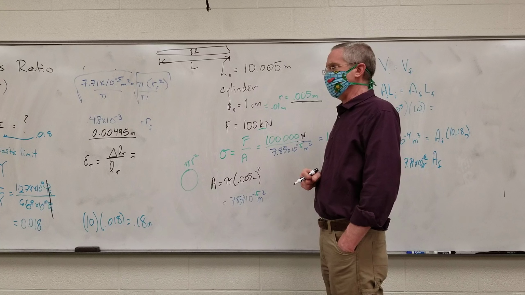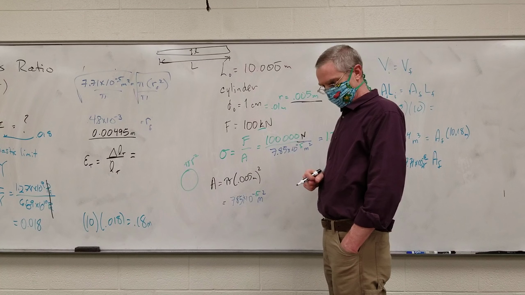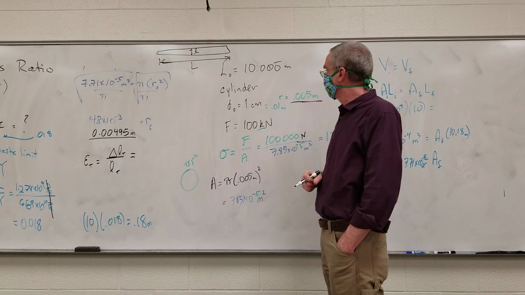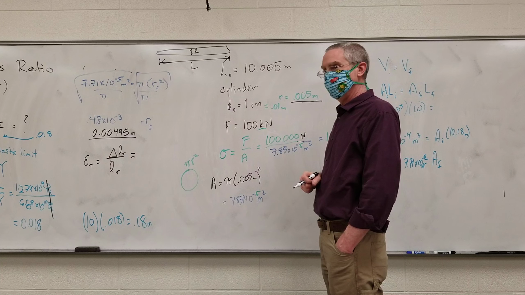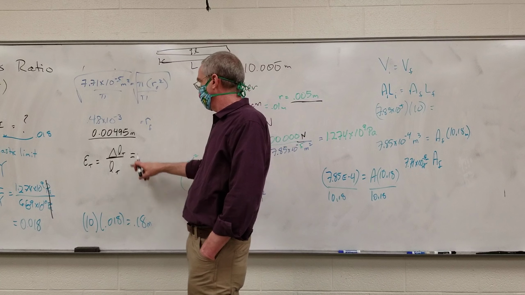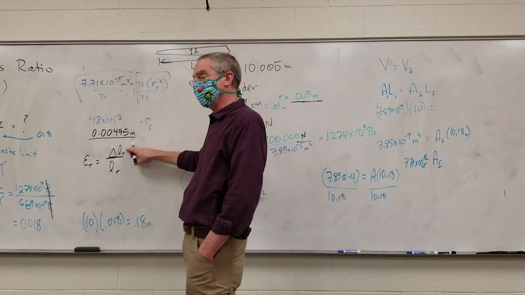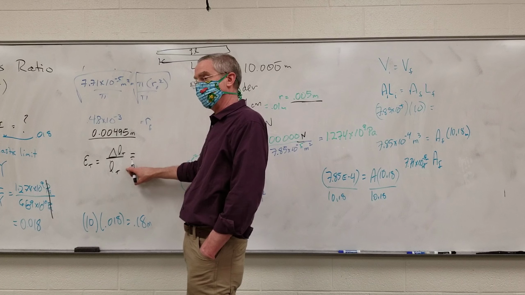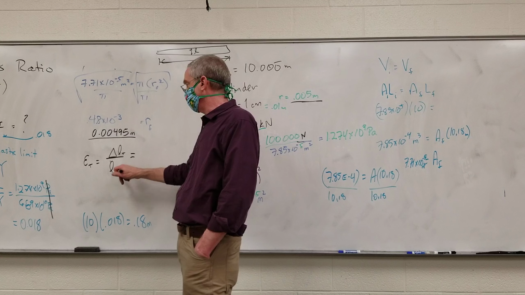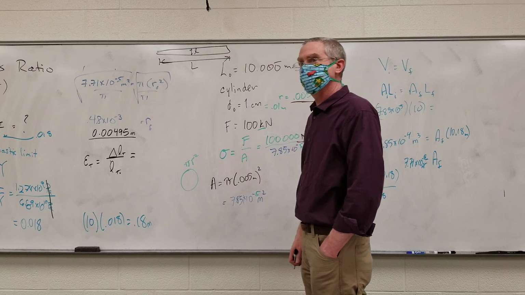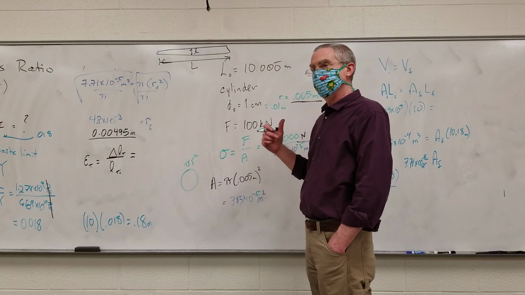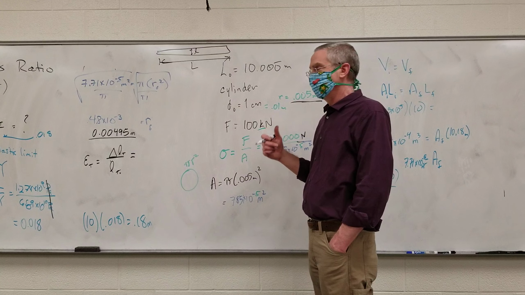How do I find my change? The strain equals the change in the transverse length over the initial transverse length. I guess you just take the initial diameter subtracted from the final diameter.